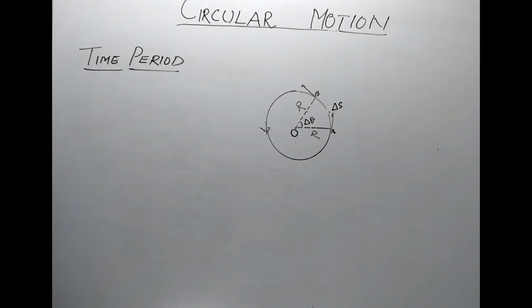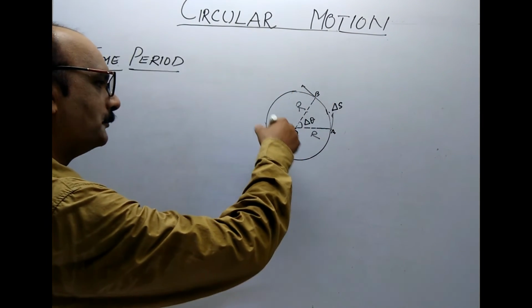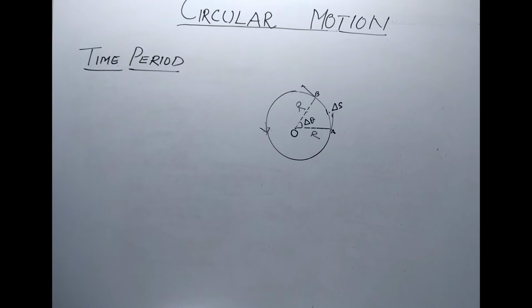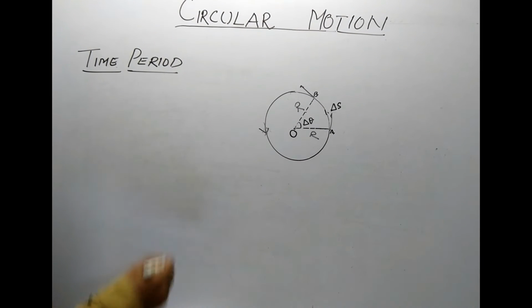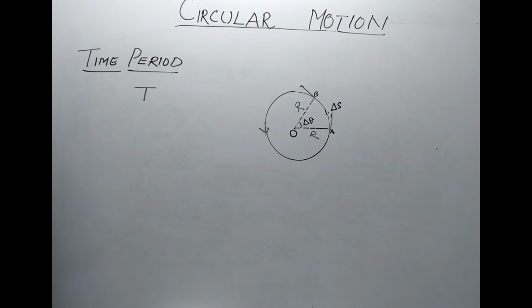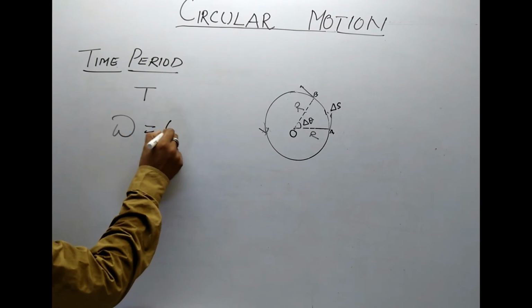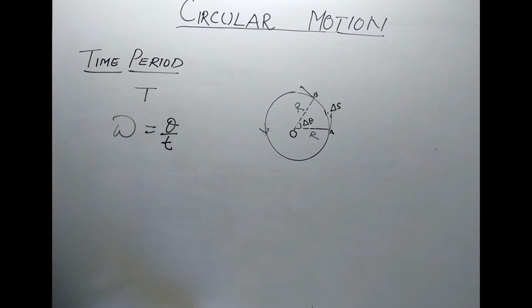Now, time period. Time taken by particle or object to complete one rotation is called as time period. Clear? It is denoted by capital T. Now, we are going to find out the relationship between angular velocity and time period. We know that omega equal to theta by t.